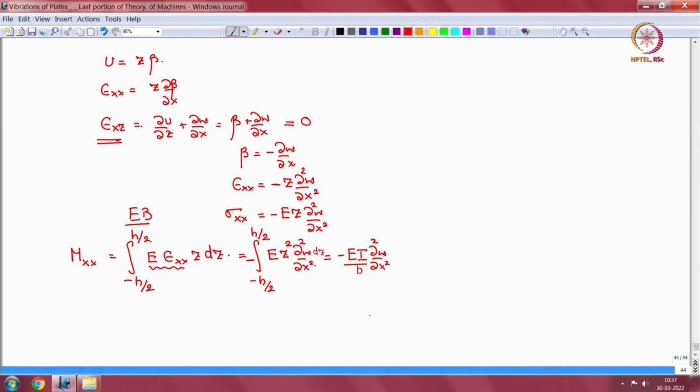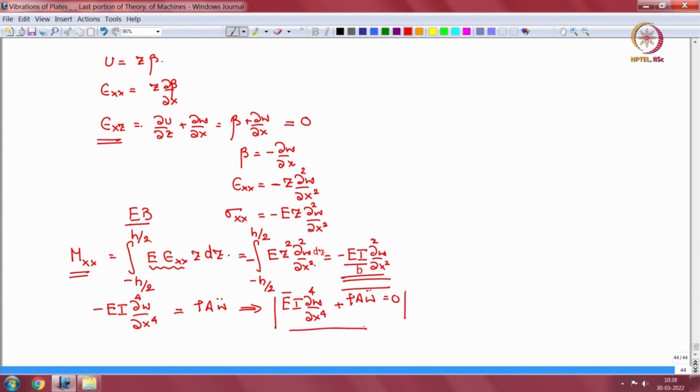Now if I use this definition, del 2 M_XX by del x square is minus EI del 4 w by del x 4, equal to rho A w double dot, and therefore we have EI del 4 w by del x 4 plus rho A w double dot equals 0.